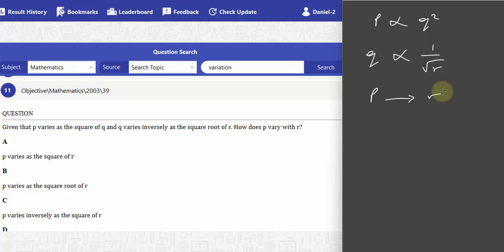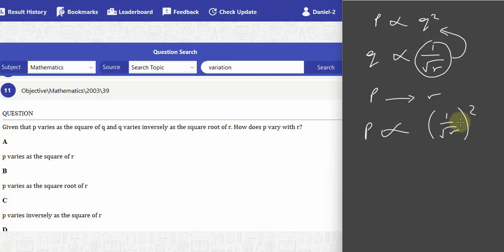In the world of variation, you can easily substitute variation in such a way that if I know how p and q are related, I can plug in the relationship between q and r into this, and that will be correct, even if I don't have an equality sign. Which means I can say p varies as, if I replace q with this, it becomes this.